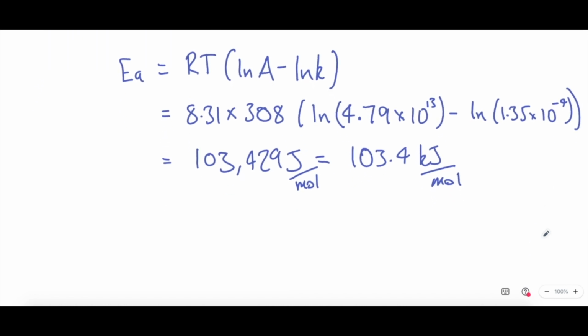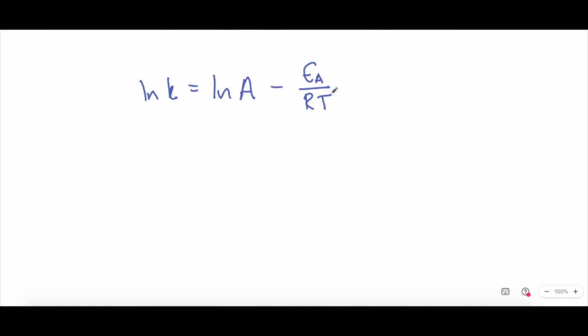Now, another way you can use this equation is to write it in a form that produces a straight line graph. So let's look at the ln version of the Arrhenius equation, and I'm going to write this in a different way.